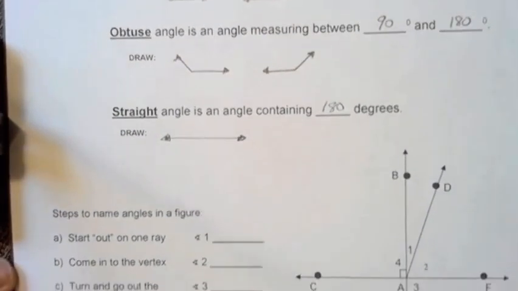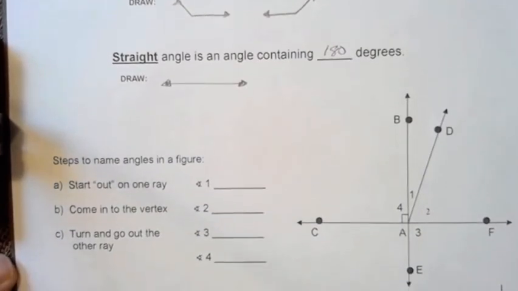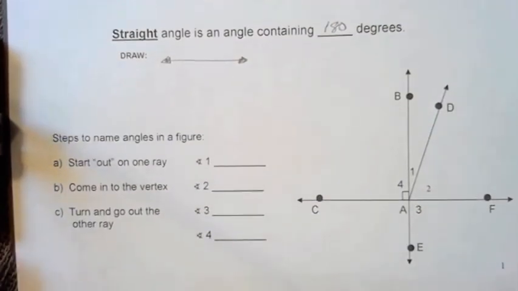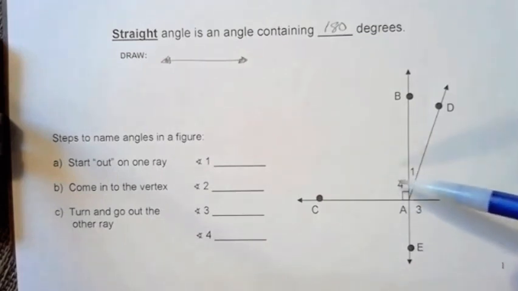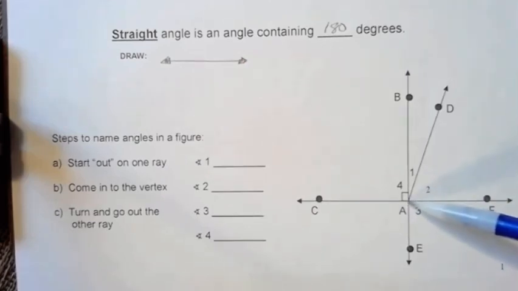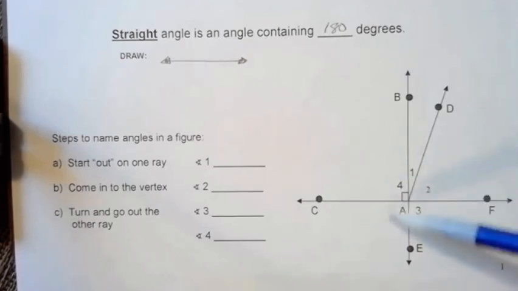Now, in this next diagram, we're going to name each of the numbered angles in the picture. You can see in this picture I've got angle number 1, angle 2, angle 3, and here is angle number 4. Notice that all of those angles meet at the same vertex point right here, point A. So I can't just say that the angles are point A because there are many different angles that meet at point A, so I wouldn't know which one it is.